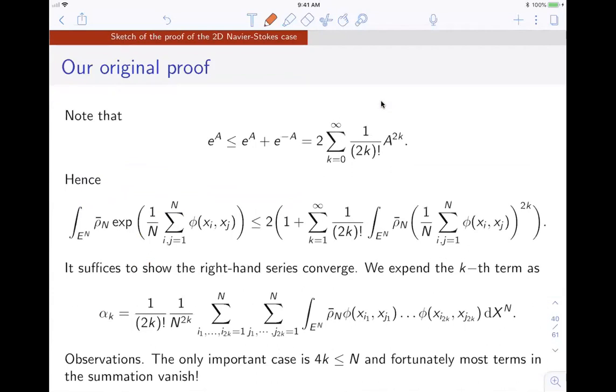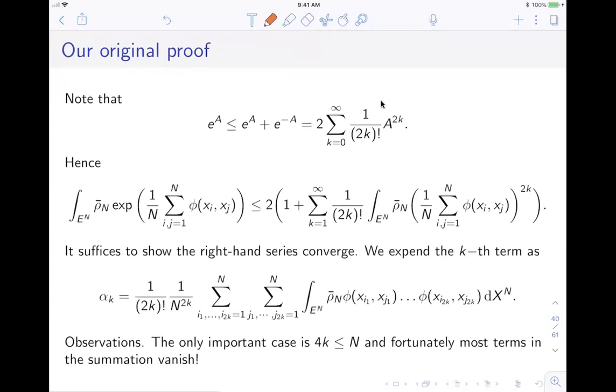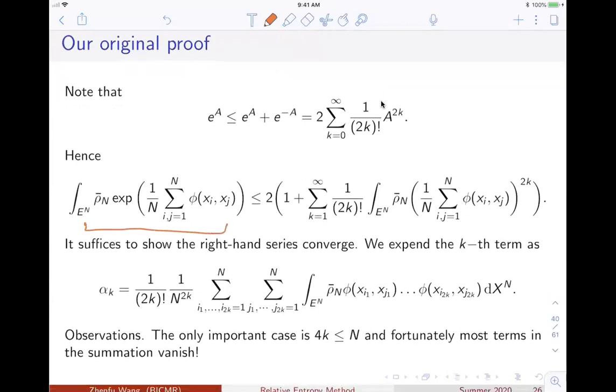Our original proof is done under more general assumptions, in some weighted L^p norm sense. But if you make very strong assumptions, we can do it very easily. So this is our goal: we just want to control the expectation, which we write in probabilistic terms.